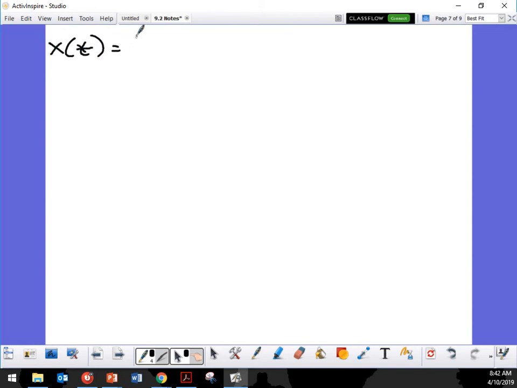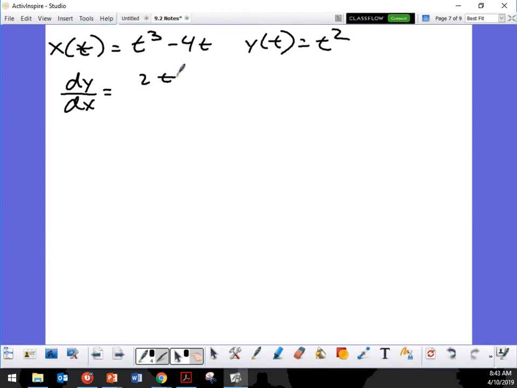And y of t equals t squared. Okay, let's do the derivative. So dy/dx is equal to 2t over 3t squared minus 4.